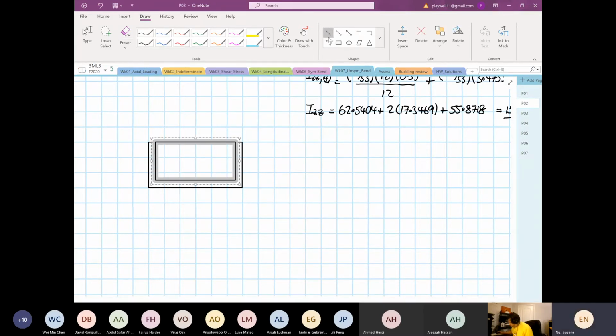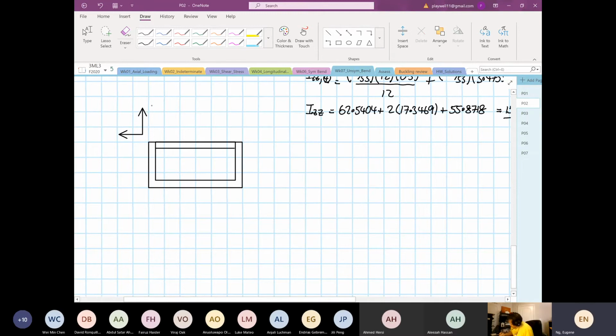And then we have a second. This is how our structure looks now, and I'm going to draw our transformation.